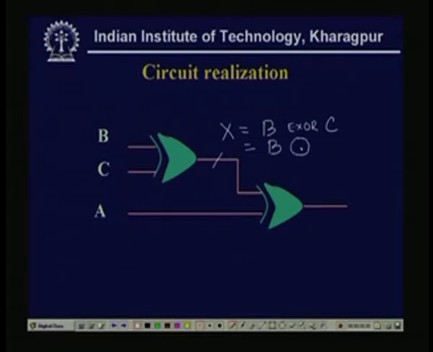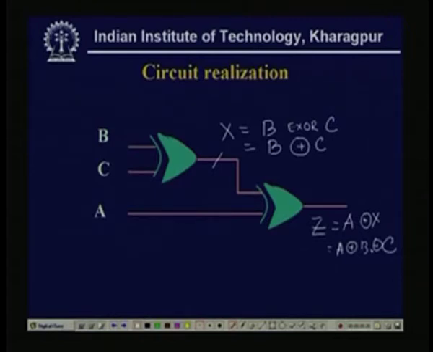Now, conventionally we use B XOR C, and this is my z, which is again A XOR x, means A XOR B XOR C.